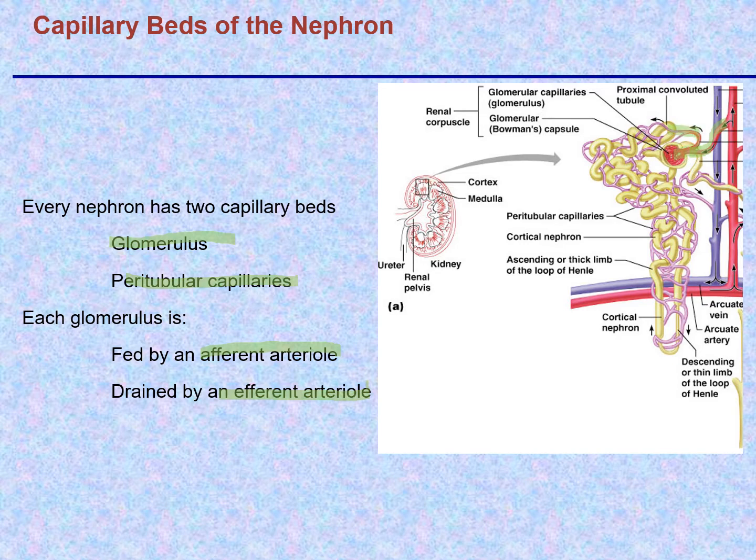This is all arterial blood, so it's under higher pressure, and you need that higher pressure actually, because the glomerulus is an unusual capillary bed in that it has a fairly high pressure, which is required for formation of the filtrate by pressure-driven filtration.